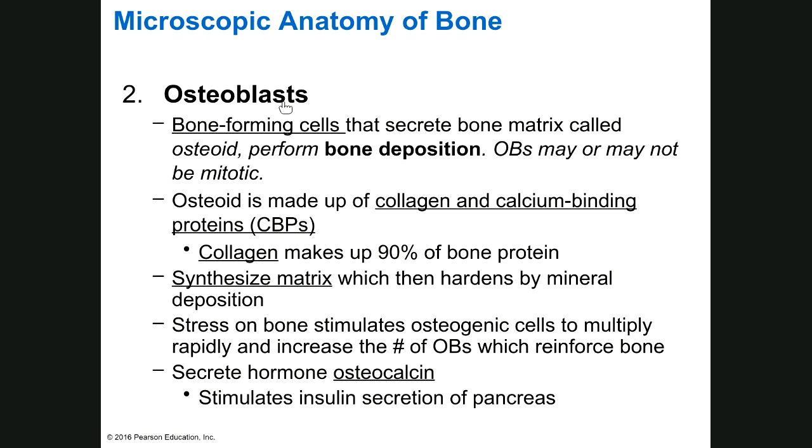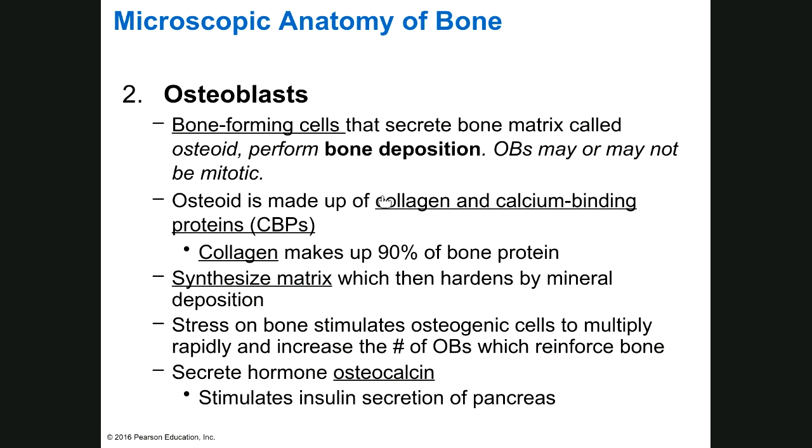There is collagen there, so osteoblasts are making and secreting collagen. And very importantly, they're making something called CBPs. These are calcium binding proteins, CBPs. CBPs do just what they sound like. CBPs are going to bind calcium in the osteoid.